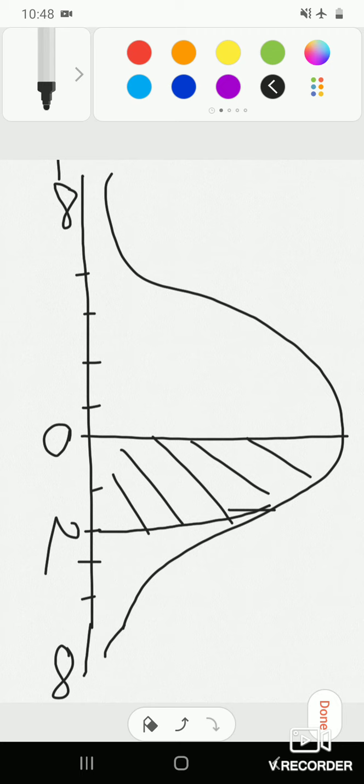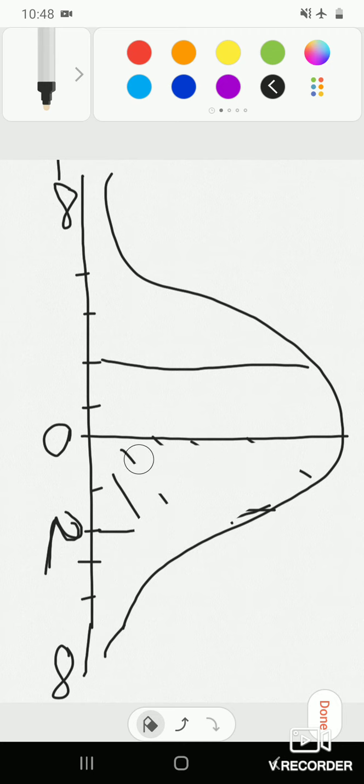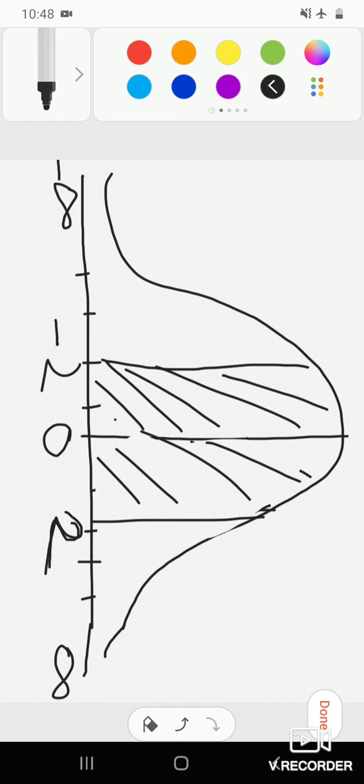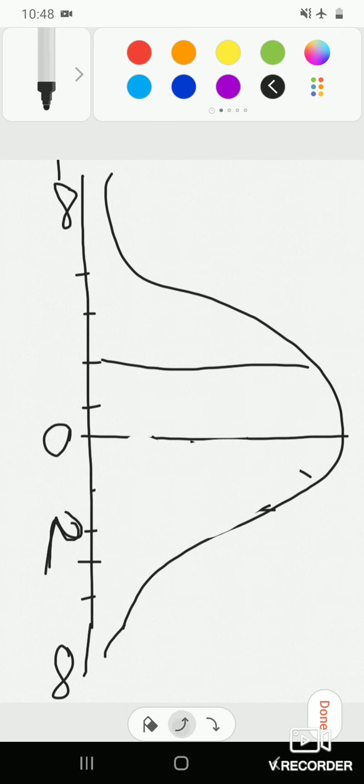In the table you have to check for the z value as 2. Suppose you want to find the area of -2, that is this area. This area is the same as this area. So again you find in the table the value for 2.